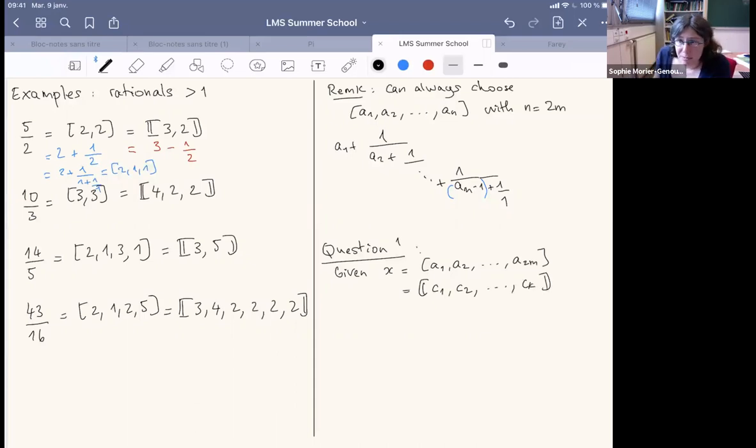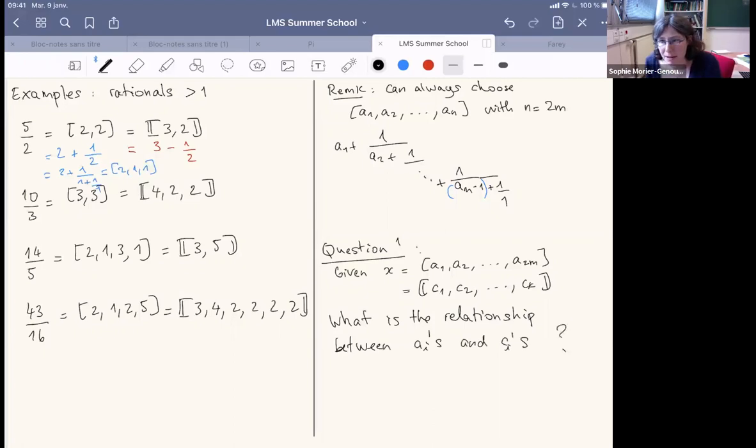What is the relationship between the coefficients a's and c's? That's a very natural question. What is the relationship between these two sequences of coefficients?